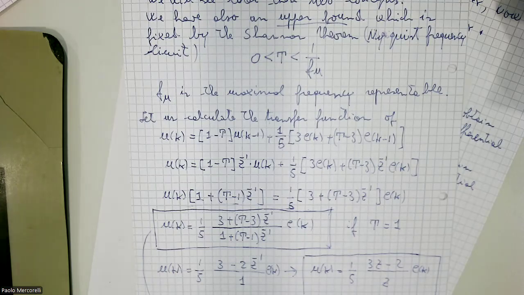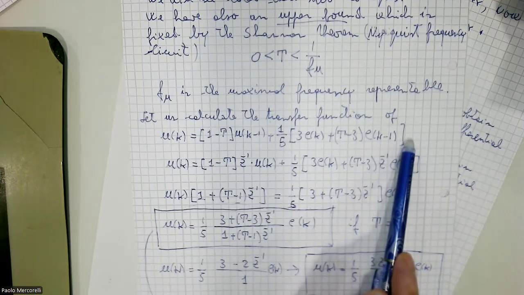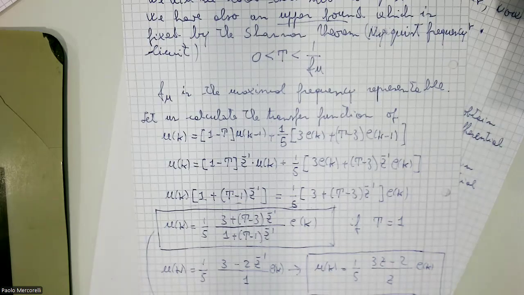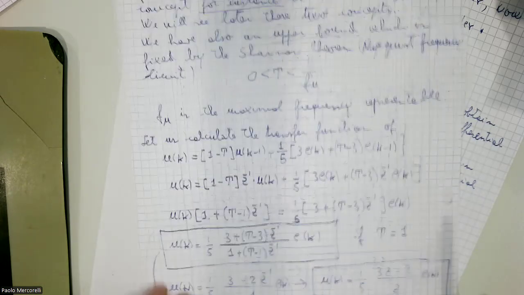But if you want to implement it, and E of k plus 1 appears, I don't have the future input. Or we do model predictive control, but we need more work, and then we hope that the model is correct. We hope that nothing happens between the sample times. This is to understand what the meaning is in practice.